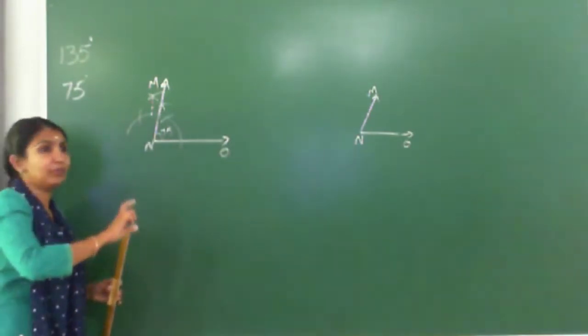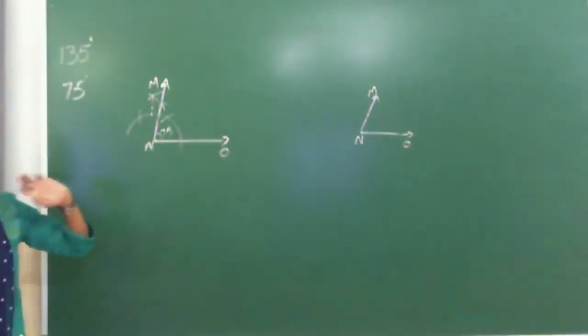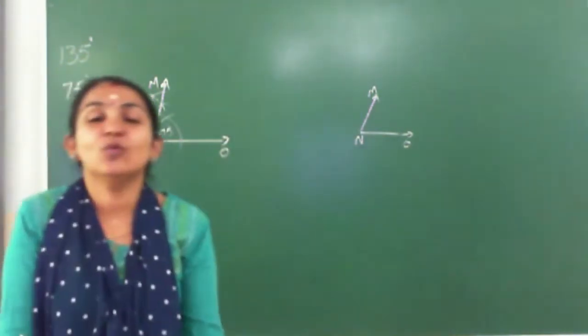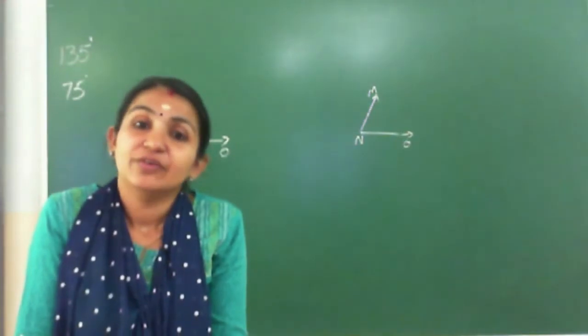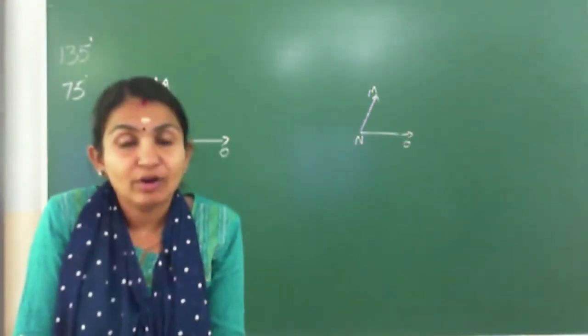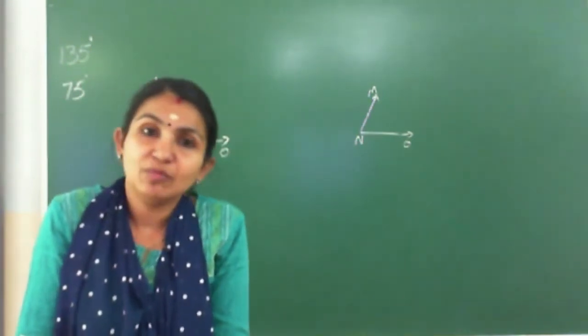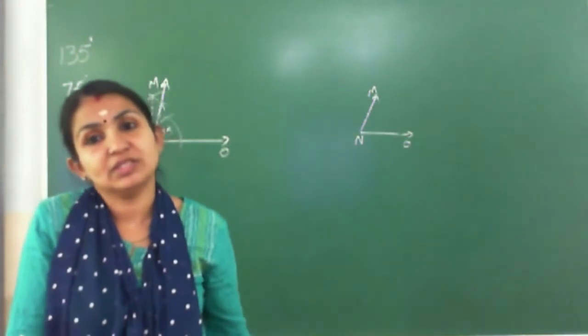There is no problem. Just for clarification, I marked a dotted line till this. So 135 and 75 we completed. We have enough and more. 150 you can draw, 105 we can draw, and many more things. 15 also we can. So just try those angles.